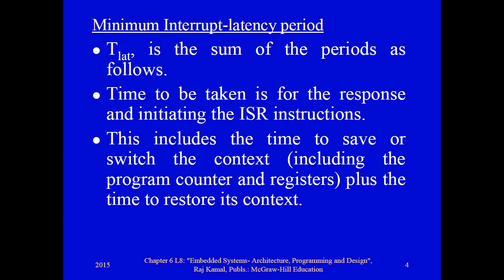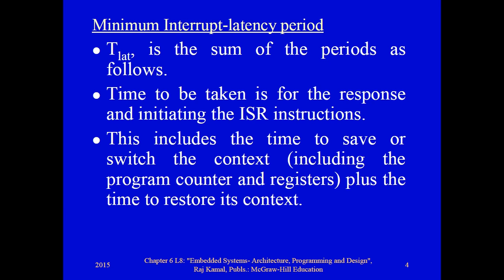T lat is the sum of periods, so let's see how it is found out. T lat is equal to the time taken for the response and initiating the ISR instructions. The time which is taken for response and to initiate the ISR instruction.